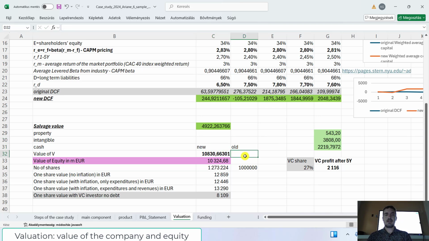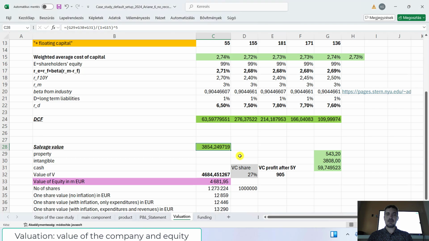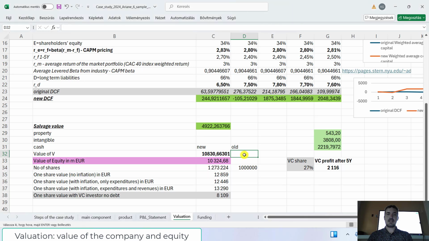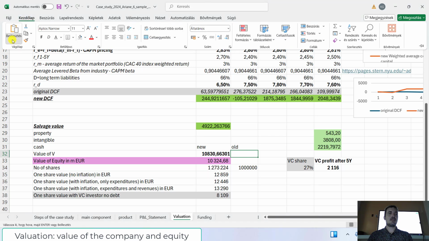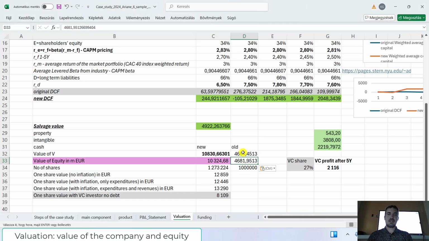So let's go forward. And this is where the tricky part starts, because we can see that yes, it increased a lot. But the value of equity will also be different, because mostly we were using only equity funding. So these numbers are quite the same.